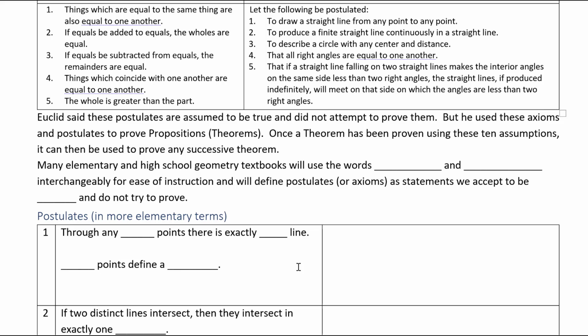Now, many of the high school and elementary geometry books will actually use the words axioms and postulates interchangeably.